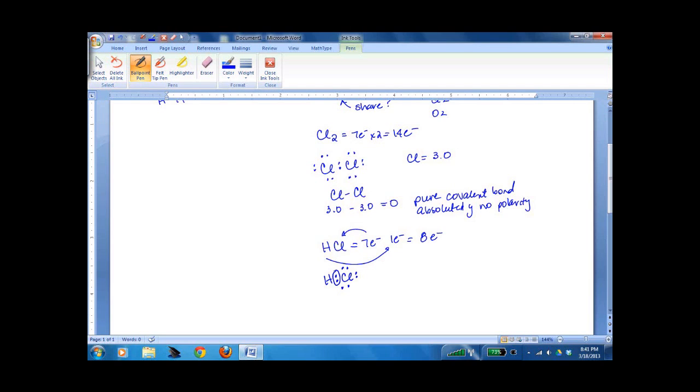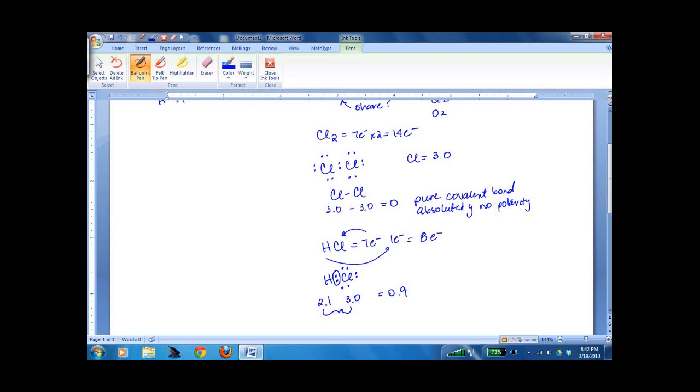If we have a table here, the electronegativity of hydrogen is 2.1 and chlorine is 3.0. What we do in these problems is take the larger number and subtract the smaller number. It doesn't really matter, it's an absolute value. So we end up with 0.9.